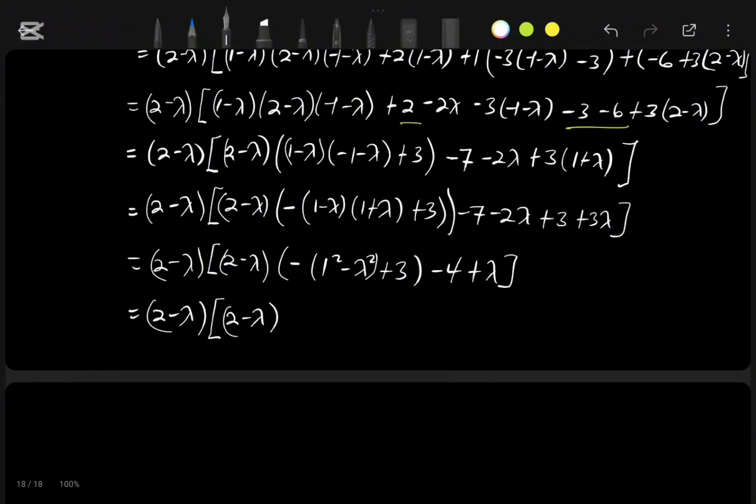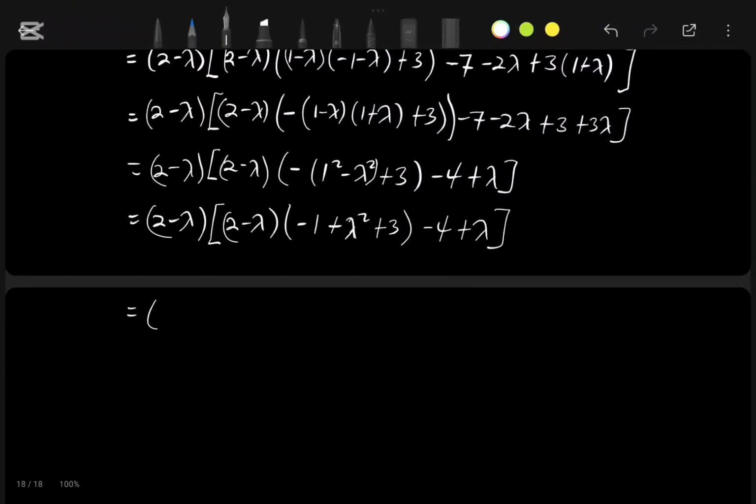This gives us minus 1 plus lambda squared plus 3 minus 4 plus lambda, which is equal to 2 minus lambda, and 2 minus lambda into bracket 3 minus 1 is 2 plus lambda squared, and minus 4 plus lambda.